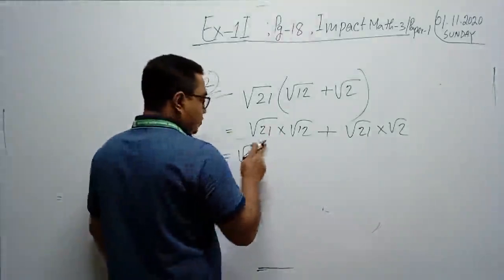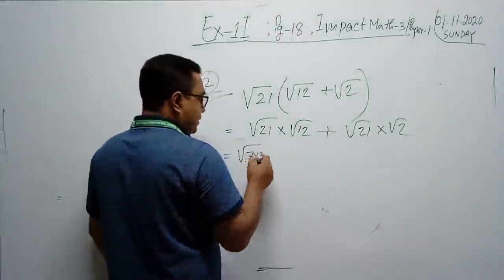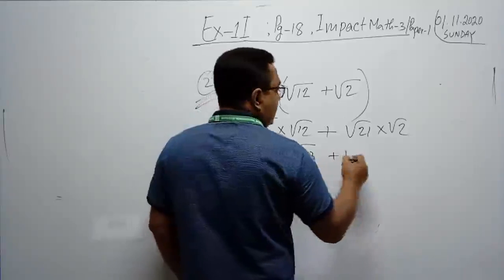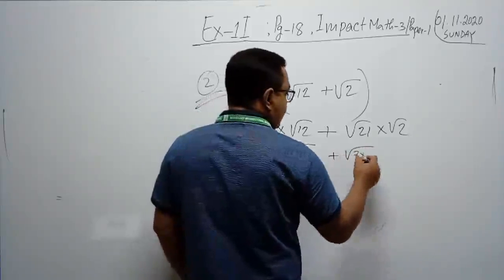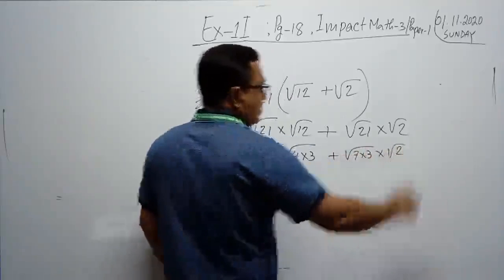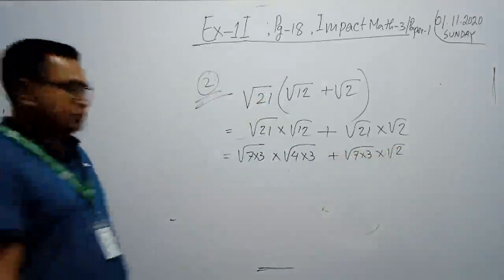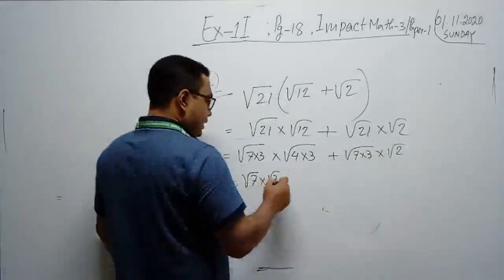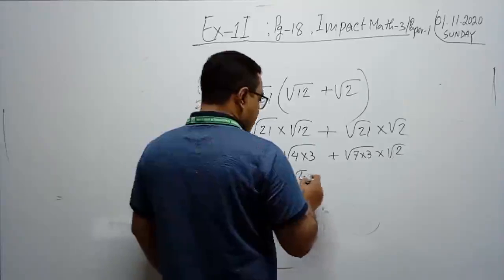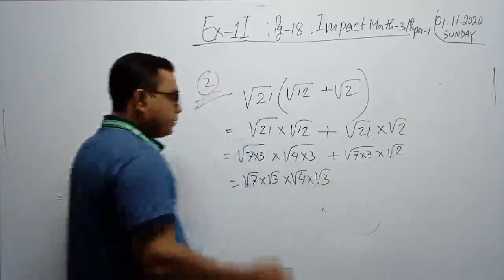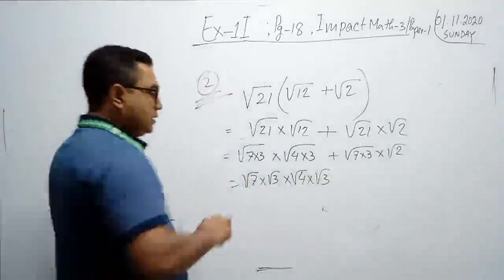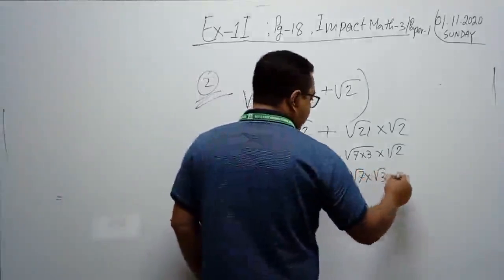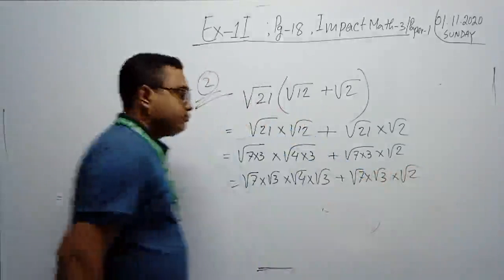This 21 we can write as 7 into 3, and 12 as 4 into 3, plus similarly 7 into 3 into square root of 2. That means we are distributing the powers, the indices: square root of 7, square root of 3, square root of 2.